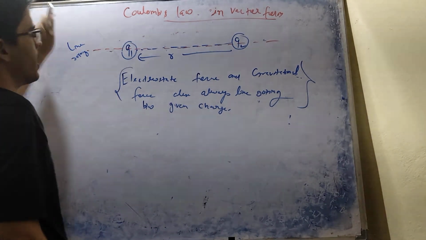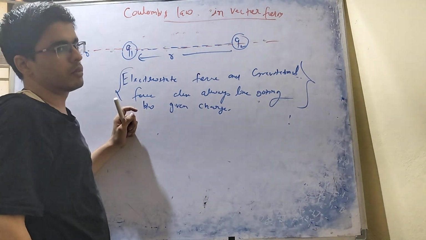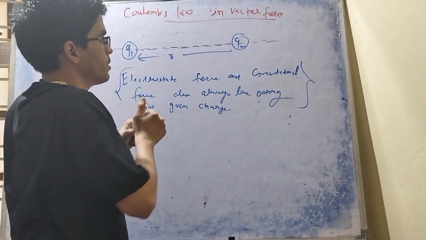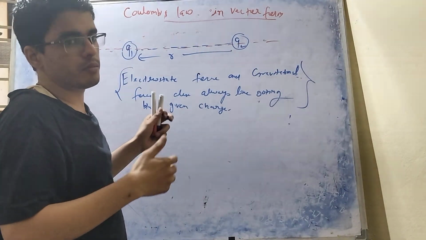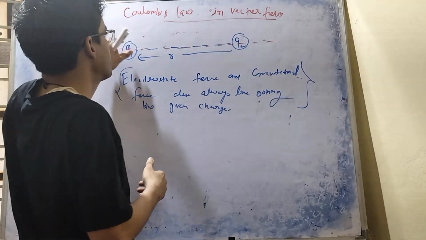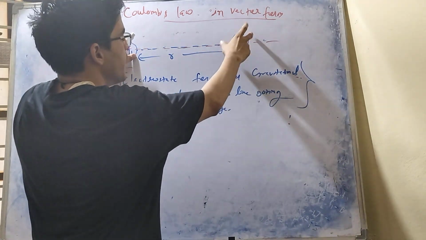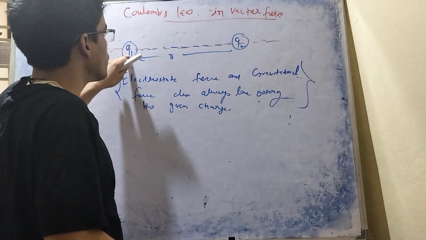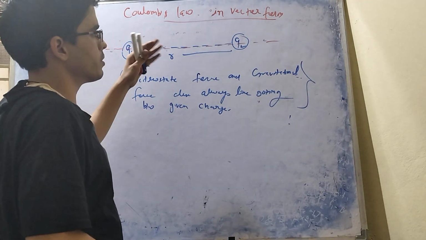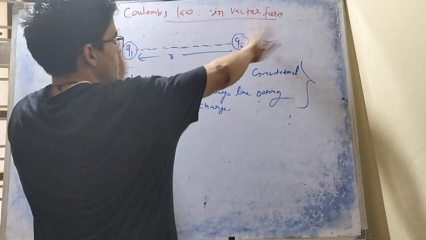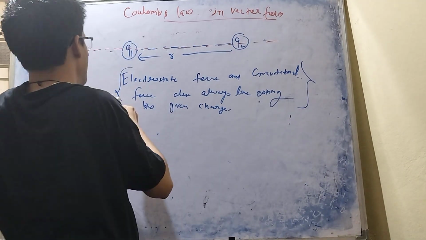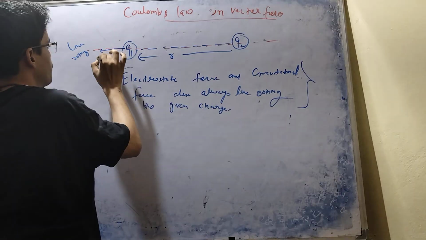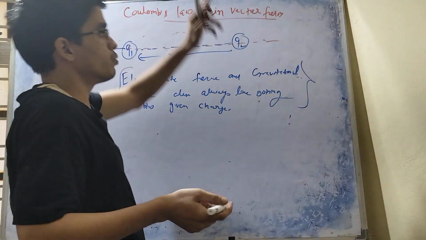See here. Now Q1 and Q2, both are positive. Here is it attractive force or repulsive force? Repulsive force, correct? So Q1 wants to move right or left? Left. So here you can write force on 1, because 2 is present.